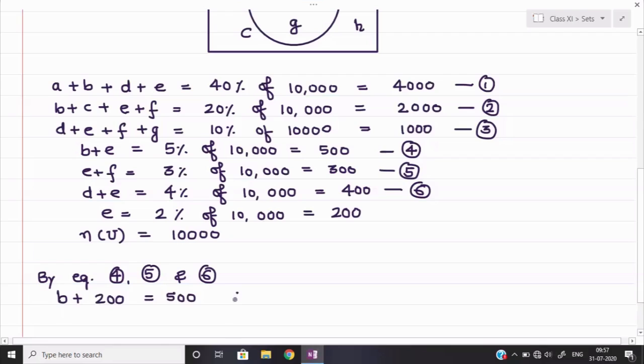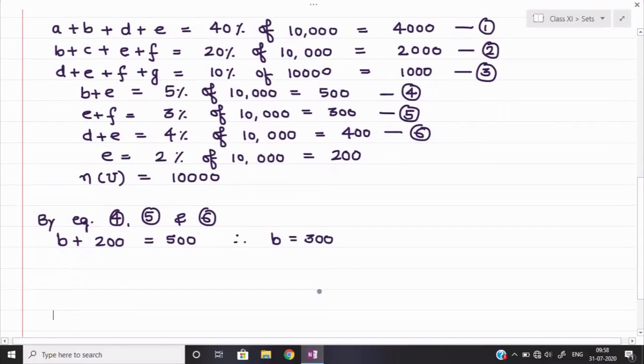So I can say that from here the value of B I got as 300. Now similarly E plus F is equal to 300. So value of E I am keeping here as 200 plus F is equal to 300. So value of F is coming here as 100.